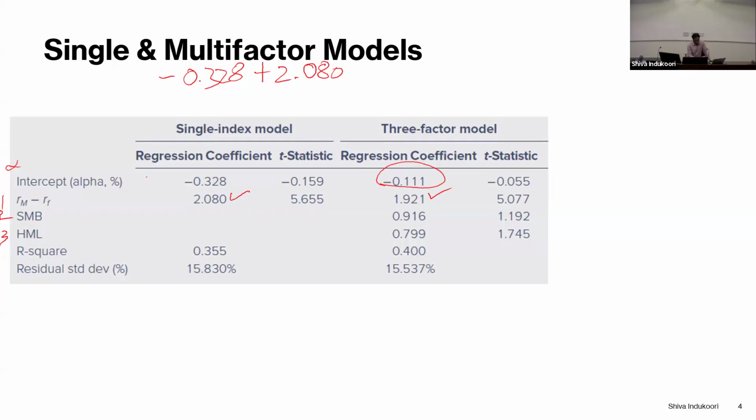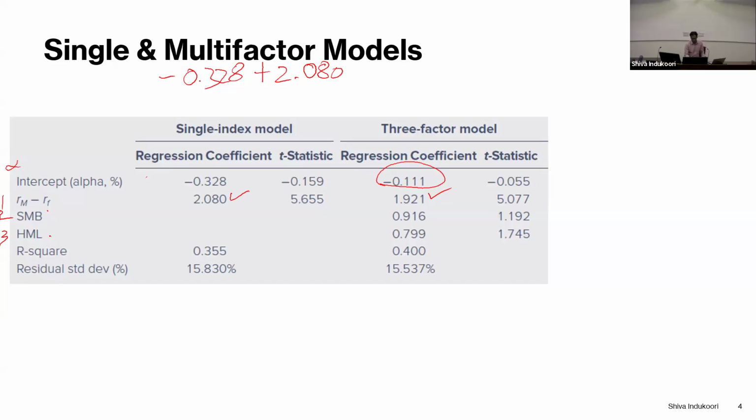But when you added these two, SMB and HML, its value came down. It means that when you add more factors, the single influence will come down. That's the reason many criticized CAPM for going alone with the market as the influencing factor for your investments. You should also add more risk factors.